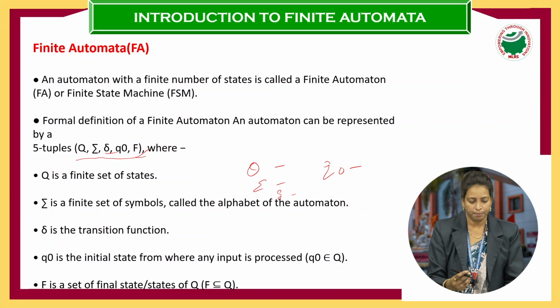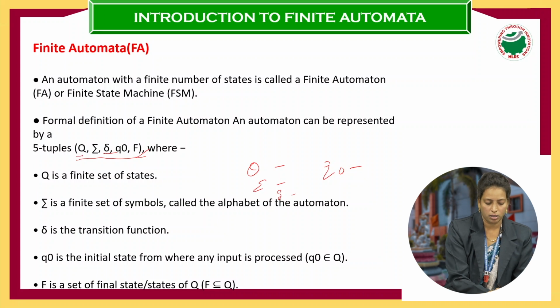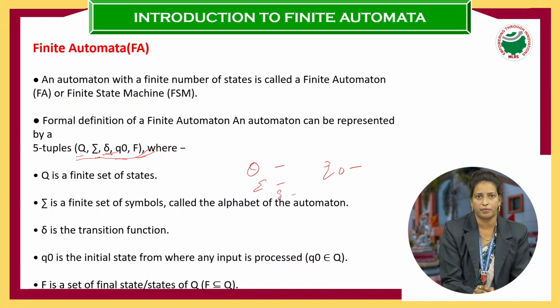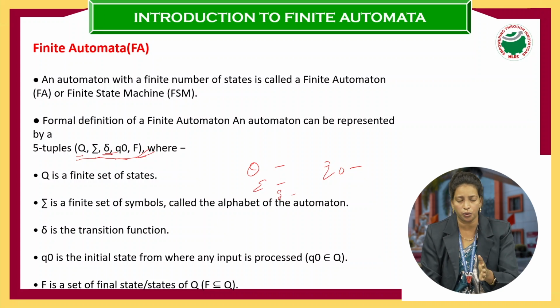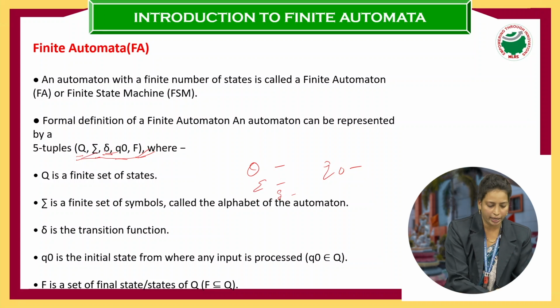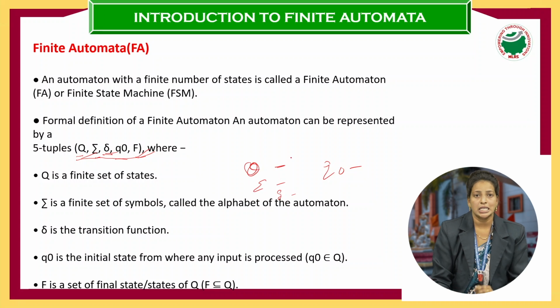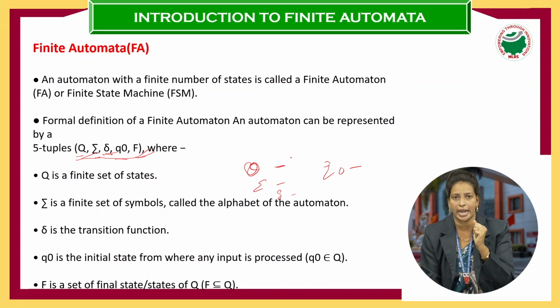First one is Q, sigma, delta, Q naught, F. It is used to represent how many tuples? 5 tuples: Q, sigma, delta, Q naught, F. Where Q indicates a finite set of states.